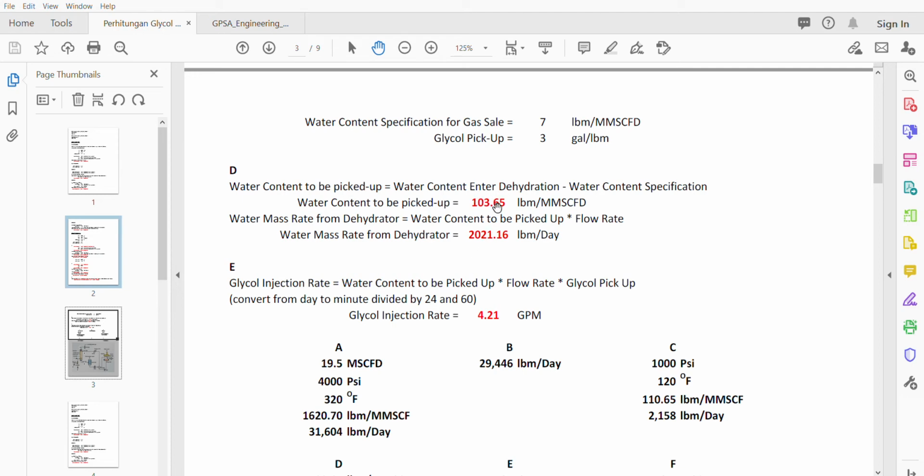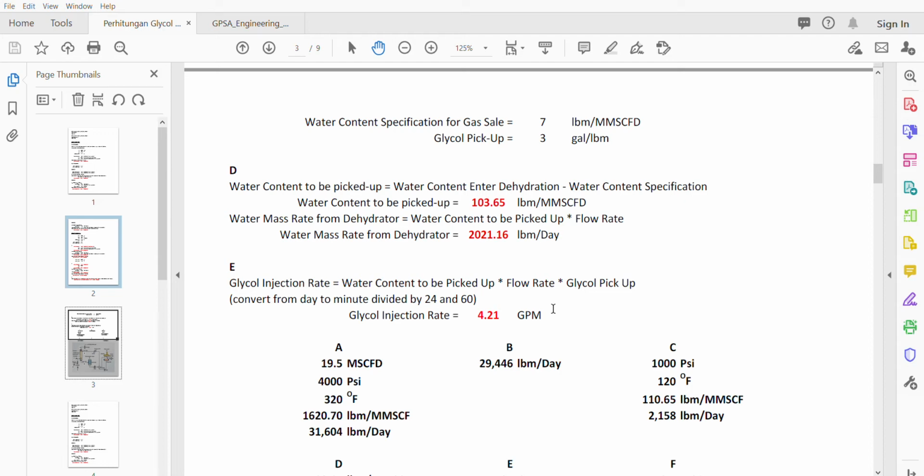So 103 multiplied by flow rate, so we have a pound mass per day, and then glycol pickup, which is 3 only. Okay, so we end up with the thing divided by 24 and 60 because from day, so we end up with 4.21 GPM, gallon per minute.